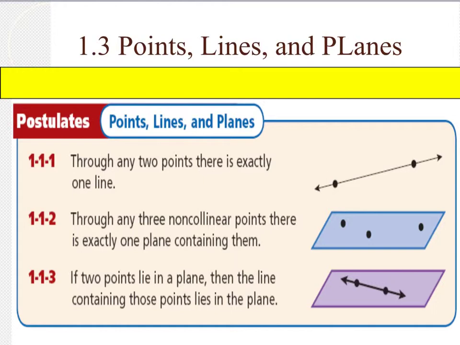These are the postulates that you do need to know when we start getting into the 2-column proofs. We will be using postulates, so get to know these postulates and almost start memorizing them right away. Postulate 1-1: through any 2 points there is exactly one line. So you can put 2 points anywhere on a drawing.